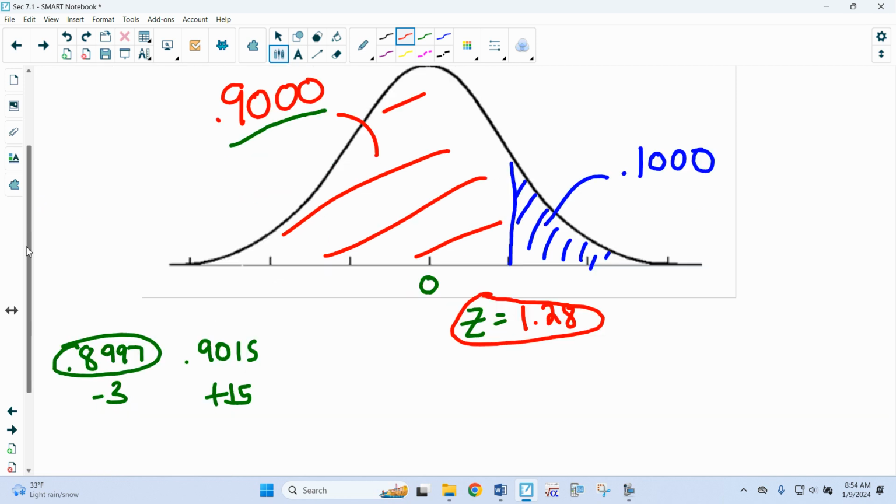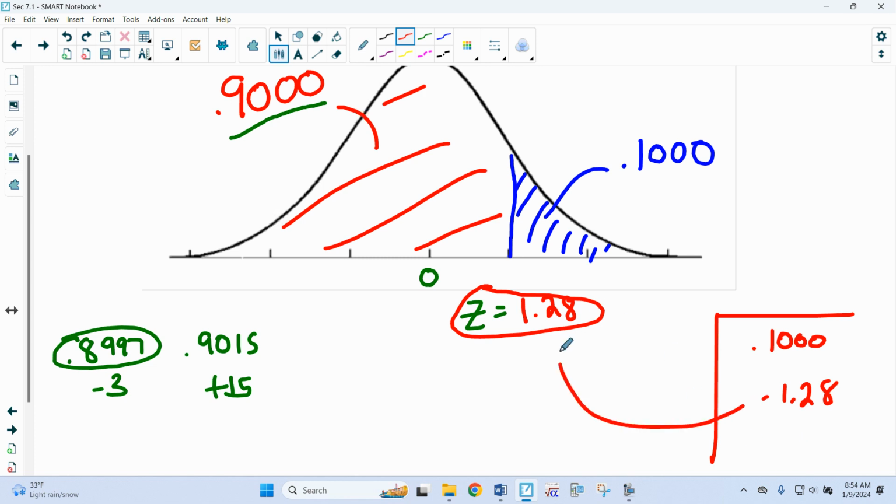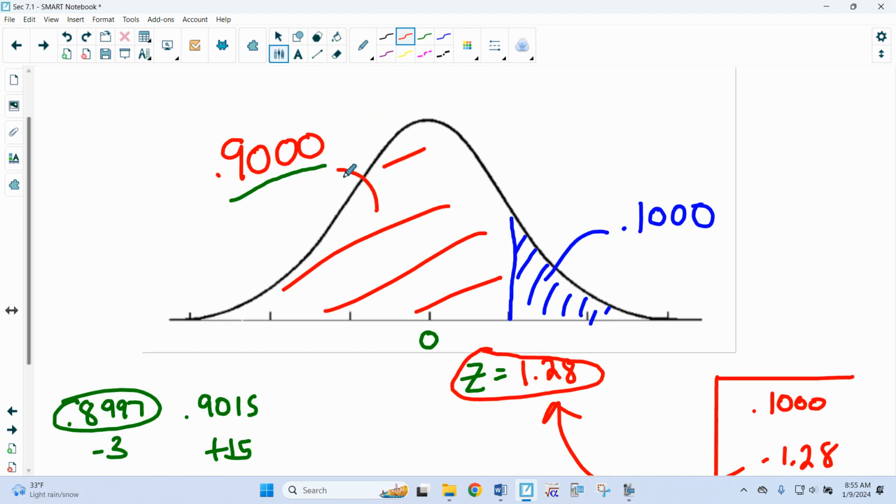Instead of looking for 90%, you could have said, if I want 0.1 to the right, I just look for 0.1 to the left. I see a negative 1.28 in my chart like we did in the last example, but I want the opposite of that, so I get the positive. If that doesn't make sense, ignore everything I just said for the last 30 seconds and just look for the 90, and you will be perfectly okay.